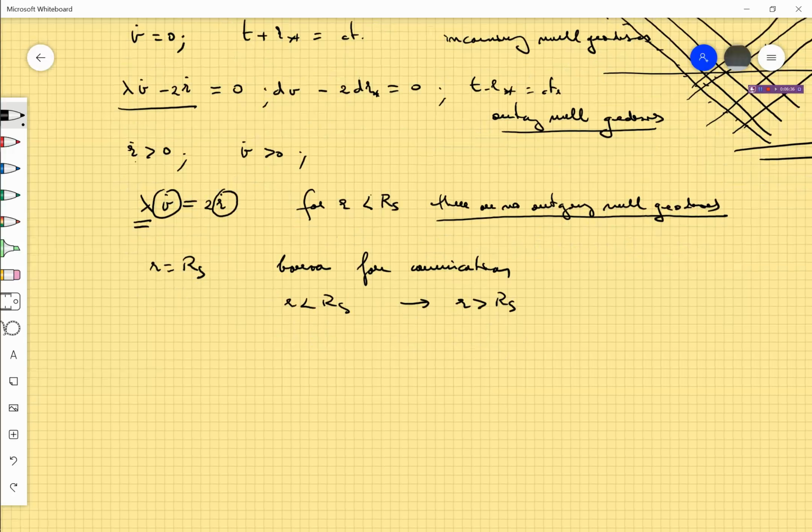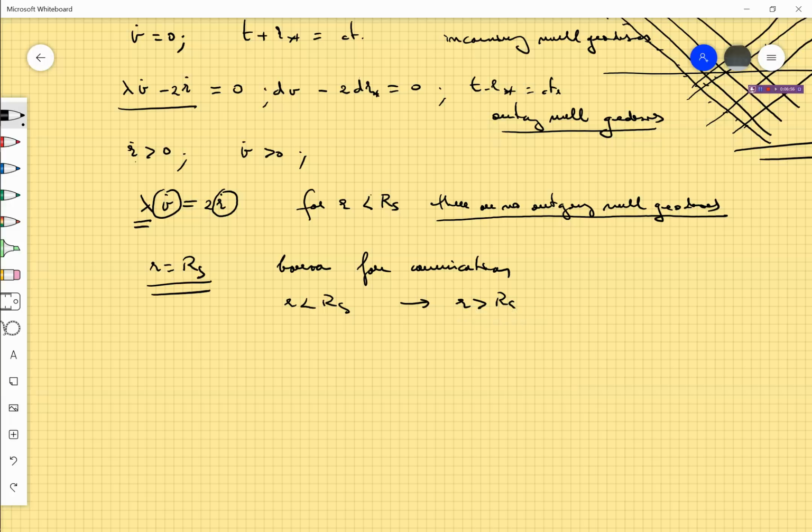But you can think of what happens when there is a gravitational collapse and the object starts shrinking, and the surface eventually crosses this barrier r equal to rs, which is, as you know, called the event horizon.